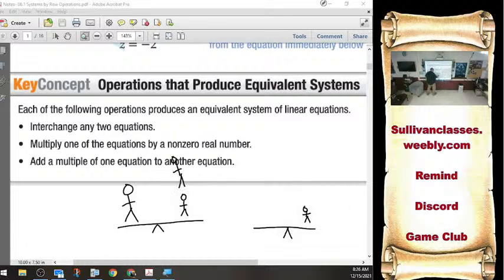Shouldn't I be able to take this person here, screw you, Frank, and that person there, and it's still balanced? So I can add any two equations together because they are balanced with each other.